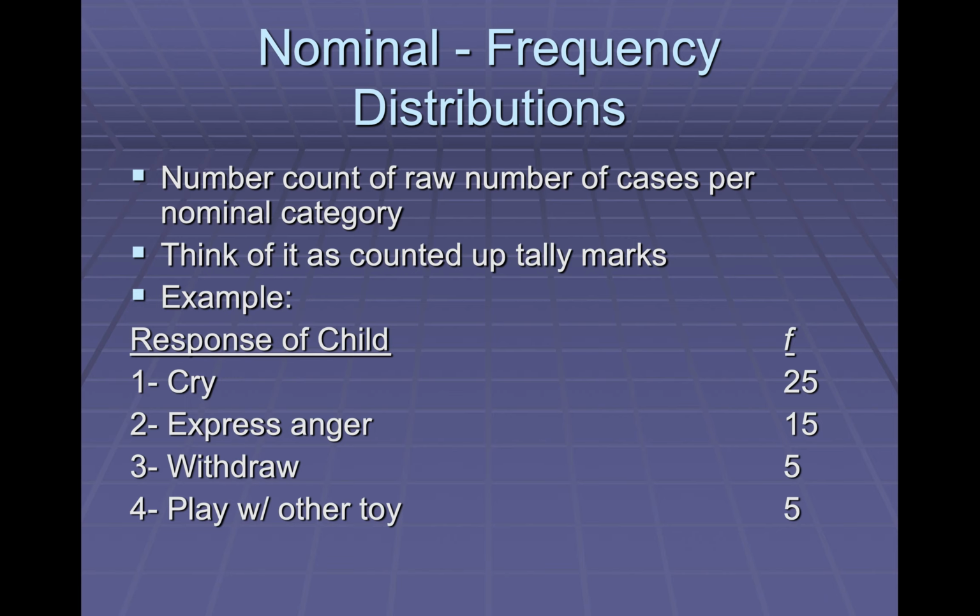So let's say you did this with lots of different babies, one after the other. You would start making tally marks. All a frequency distribution is the counted up tally marks per that particular experience, crying, expressing anger, withdrawing, or playing with another toy. And then here's how many times that happened.